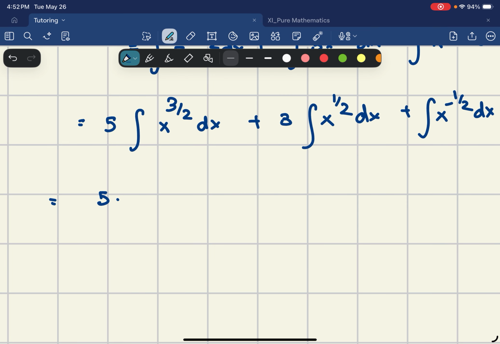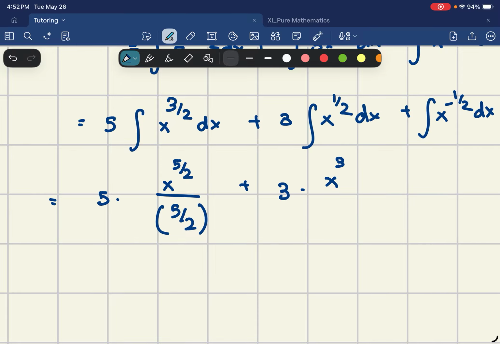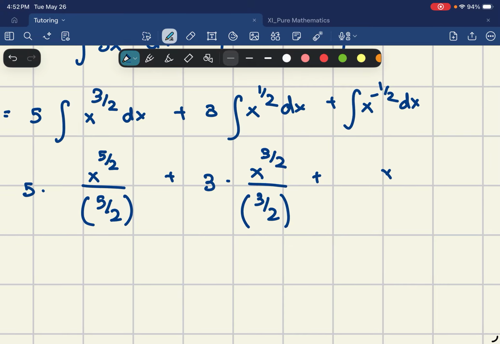So you raise your power by 1. So if you do so, 3 over 2 plus 1 is going to give you 5 over 2. And you divide by your new power. Plus same here. X to the power half plus 1 is going to be 3 over 2 divided by 3 over 2. Plus this is going to be x to the power positive half divided by 1 over 2.